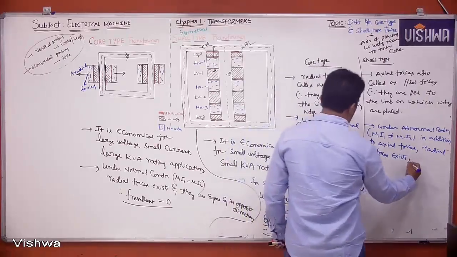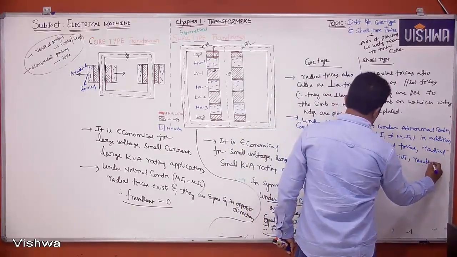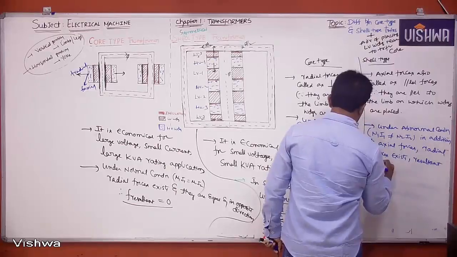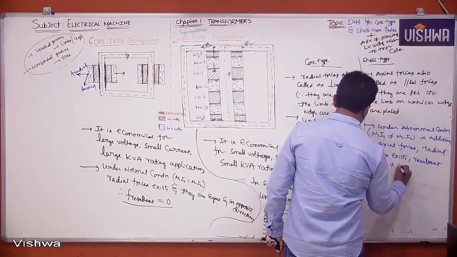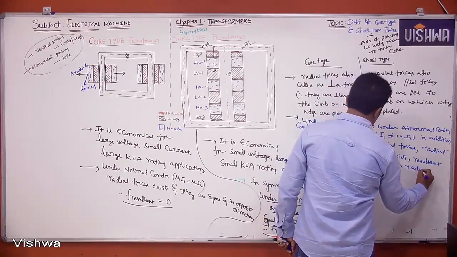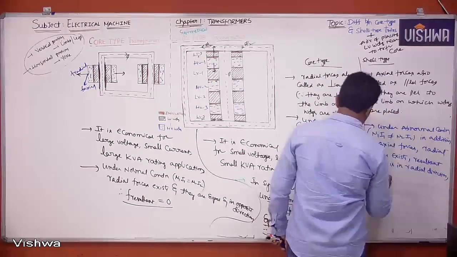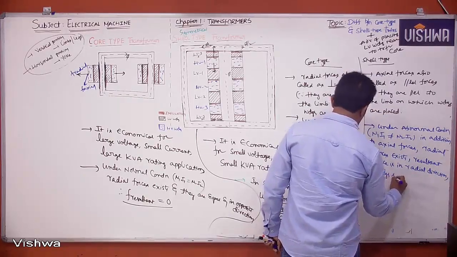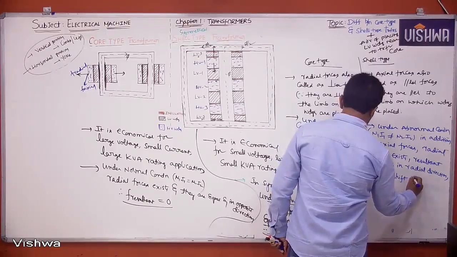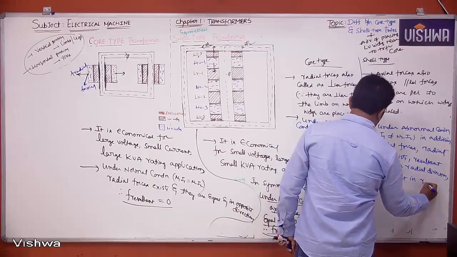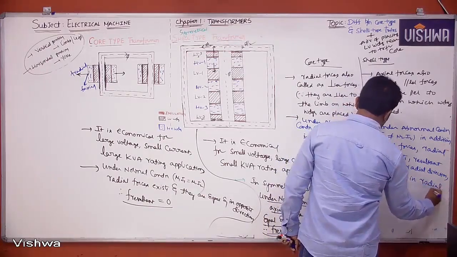Resultant force is in the radial direction, and windings shift in the radial direction.